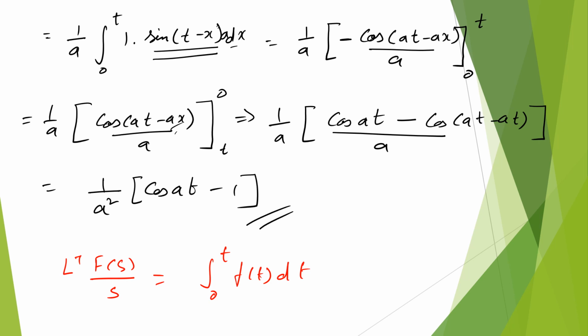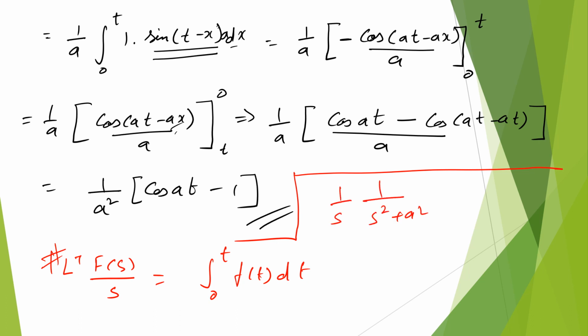Over here, the problem which we have considered is 1 over s into 1 over s squared plus a squared, so finally this is F(s). So the Laplace inverse of 1 over s squared plus a squared will be 1 by a sine at. That means we have to integrate sine at with respect to t, with limits 0 to t. We will get the same answer.